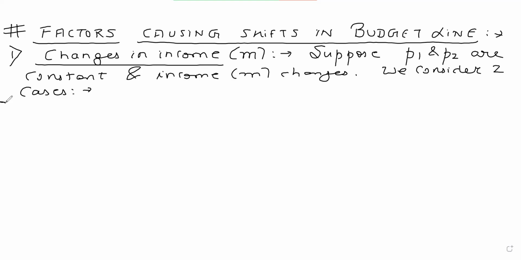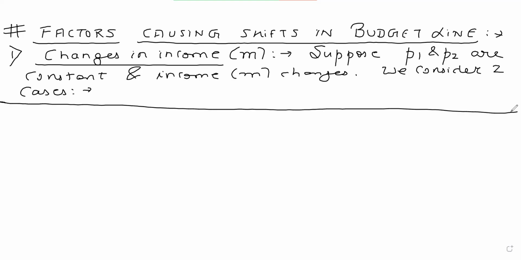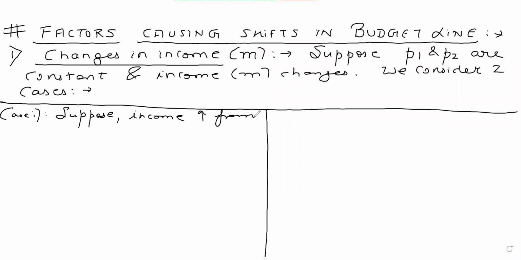I'm drawing a table. This is case 1. Suppose income increases from M to M dash.